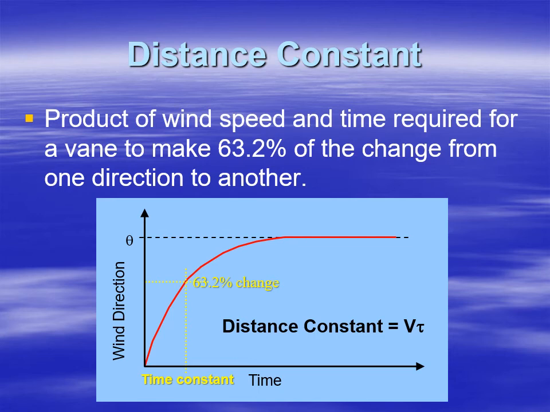So it comes back down to the 63.2%. In other words, your distance constant is the time that it takes at a particular wind speed, or wind velocity. So there's your velocity and time. But it's the time that it takes to get to within 63.2% of the final wind direction.